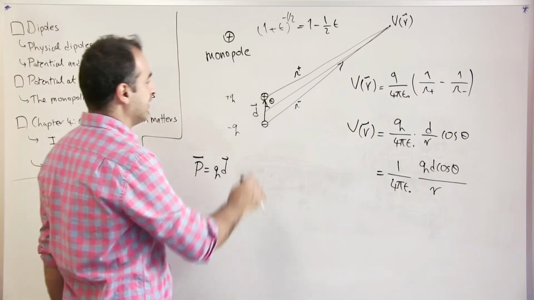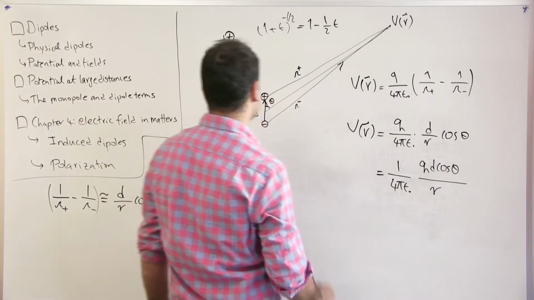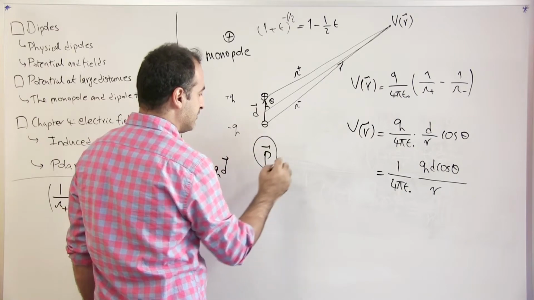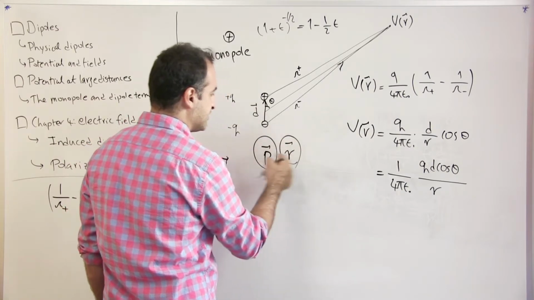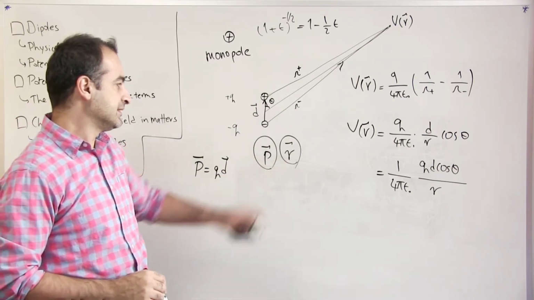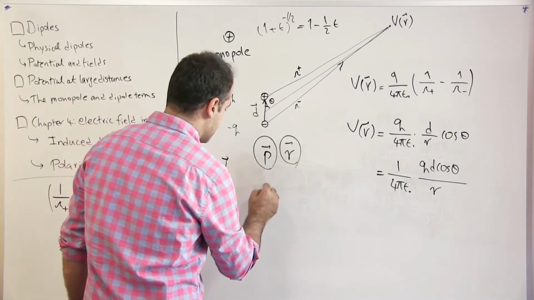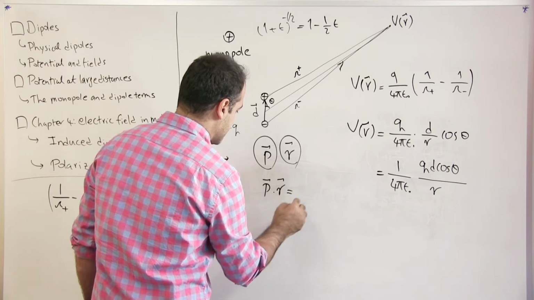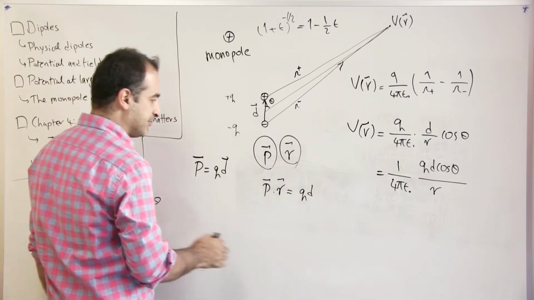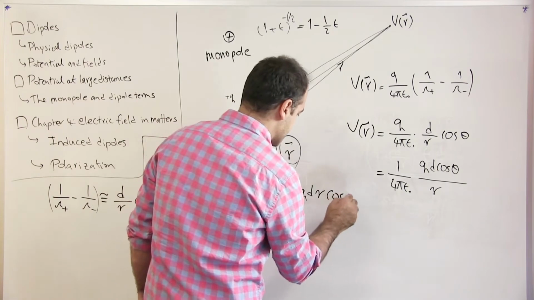What is the angle theta? Theta is here. What is cosine theta? Theta is the angle between P, the dipole moment, and R, the position at which we are calculating the potential. So if you look at P dot R, what you get is QD, which is the magnitude of P, times R, which is the magnitude of the distance, times cosine theta.